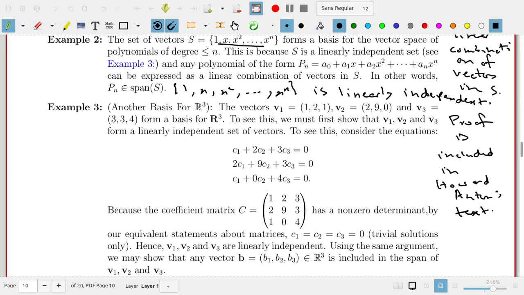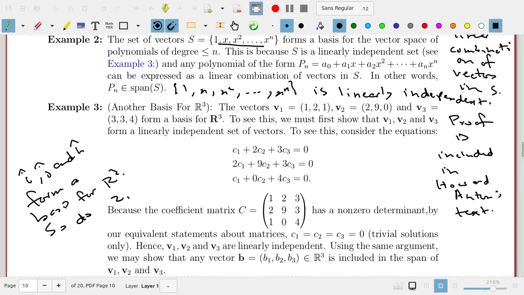Another basis for R3. The basis of a vector space is not unique. So for example, if i, j, and k form a basis for R3, so do 2i, 3j, and 5k, right?